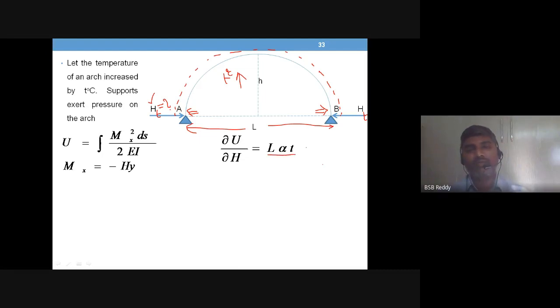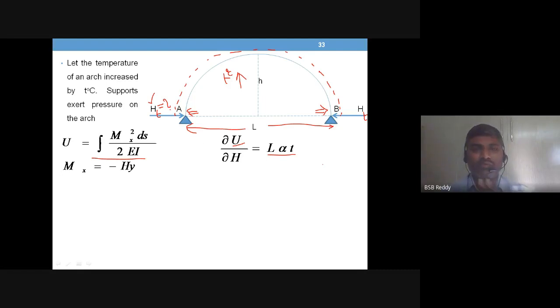This is by Castigliano's theorem, which you are well aware of, studied in the strain energy chapter, right? So now what to substitute for strain energy?